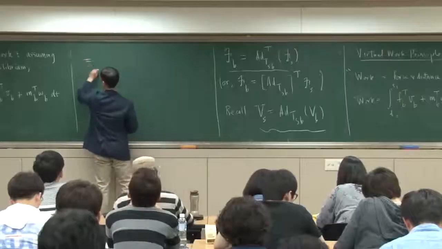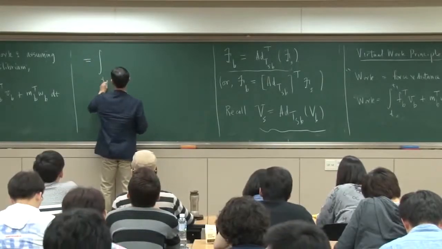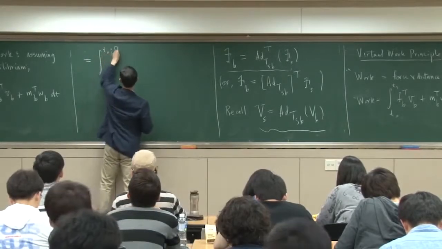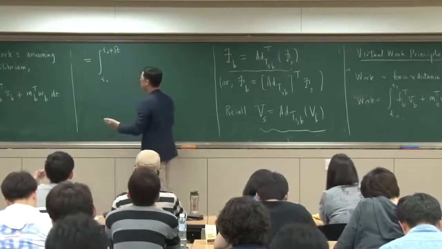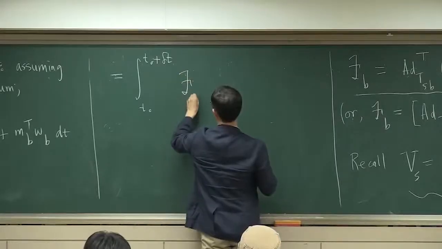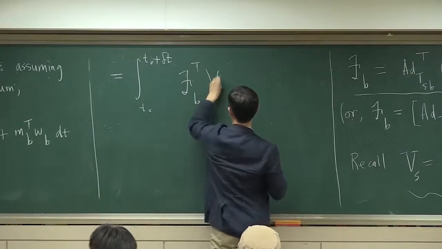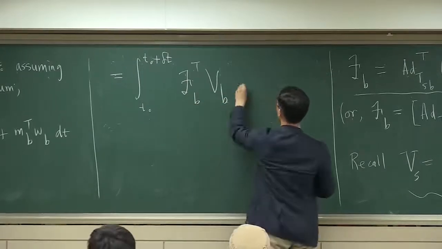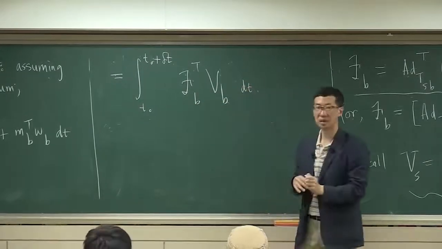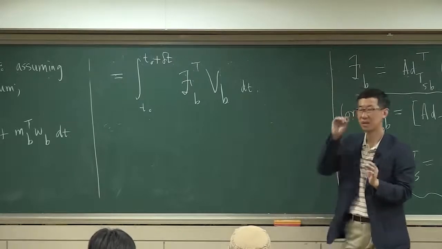Let's write this as the integral from t0 to delta t of F_B transpose times V_B dt. So there's my work.